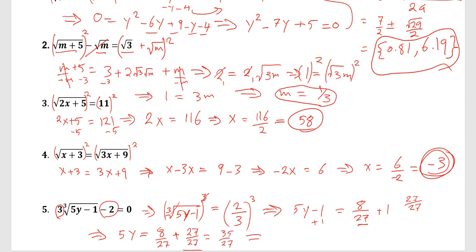So 5y equals 35 over 27, and then divide both sides by 5, or multiply by 1/5. 5 divided by 5 is 1, 35 divided by 5 is 7, so y equals 7 over 27.